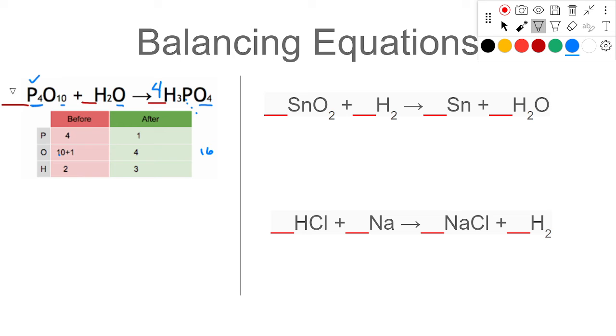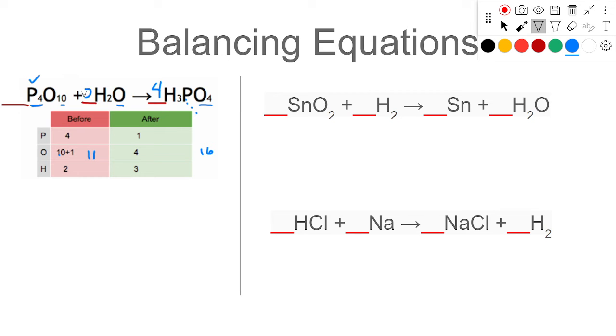Okay, well, I don't want to change the number in front of P4O10 because that would change the number of phosphorus and I'd have to come back and change this one. But let's see if we can find a number that would work right here. I've got 11. I need 16.